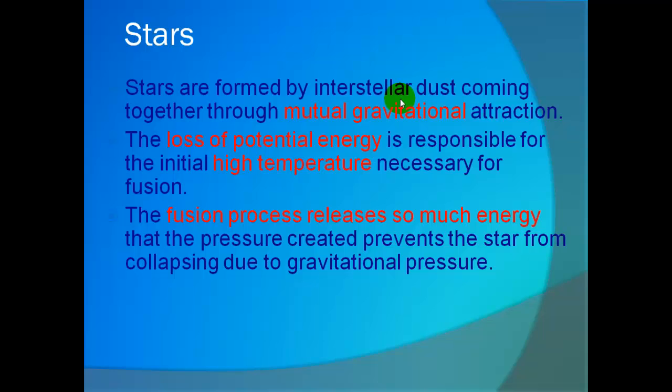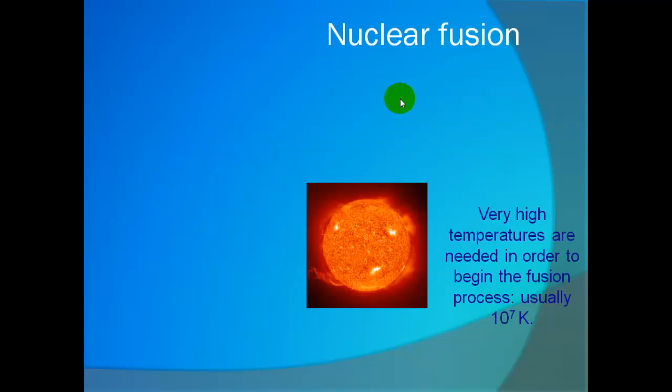So we have two forces in opposition: gravitational pressure and radiation pressure. In nuclear fusion, normally in the center of stars, you need a temperature of roughly 10^7 Kelvin, 10 million Kelvin. You need these high pressures and high temperatures so the particles are moving fast enough to overcome the electrostatic Coulomb repulsion.